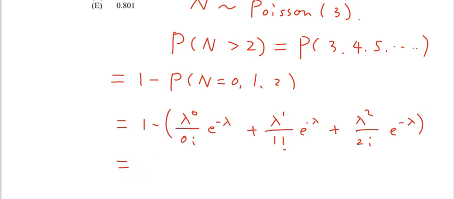So we can take e to the negative lambda outside, where lambda is 3, so it's e to the negative 3 times 1 plus 3 plus 3 square over 2 factorial.